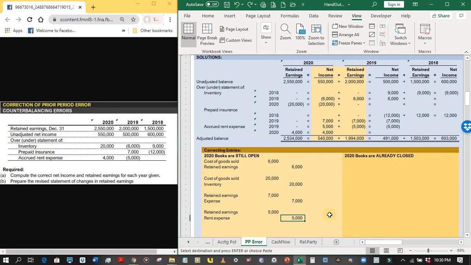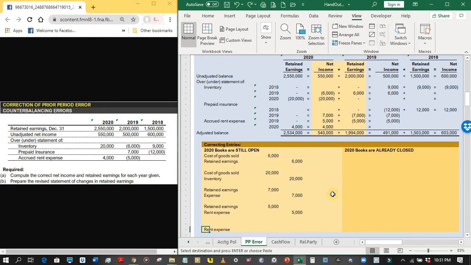Then on to the last correcting entry, so that is the 4,000 pesos overstatement of the accrued rent expense at the end of 2020. So as you can see in the two columns, our adjustment only pertains to the net income. So it means we need to credit a nominal account, which is again related to accrued rent expense, for 4,000 pesos in order to increase net income by 4,000 pesos. So that is why our entry is credit rent expense by 4,000 pesos.